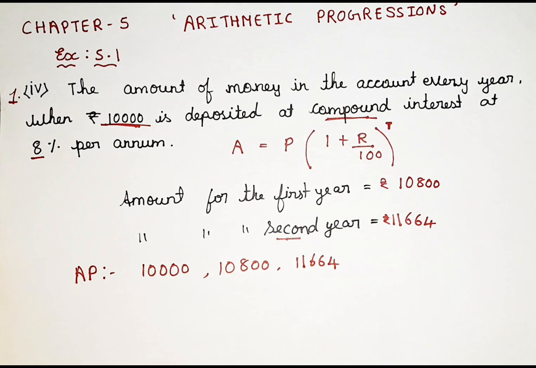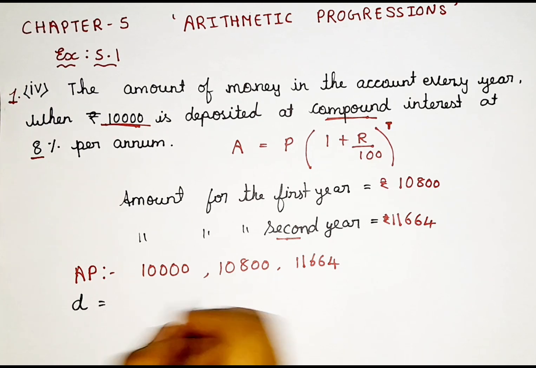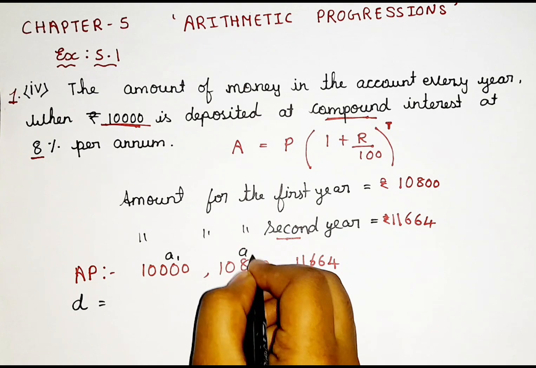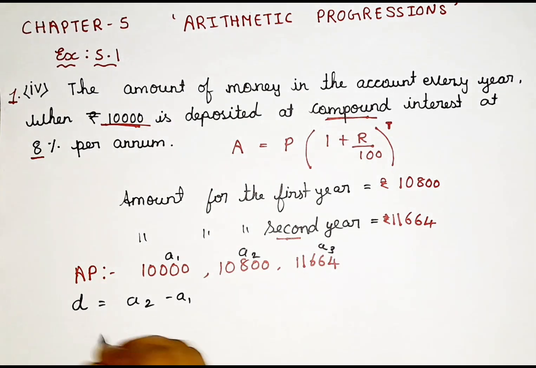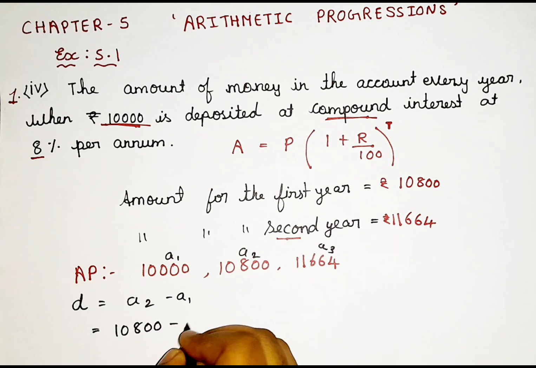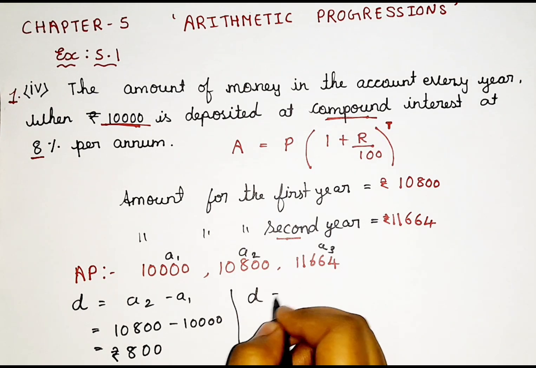So now we can actually subtract them because we want to find common difference. Okay, so this is A1, this is A2, this is A3. So A2 minus A1 is equal to 10,800 minus 10,000, that is going to be 800. Okay, so rupees 800.